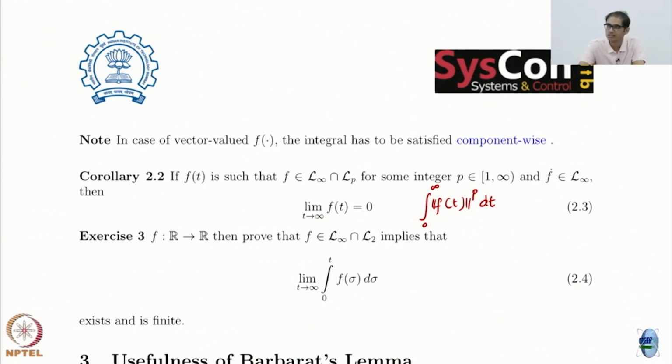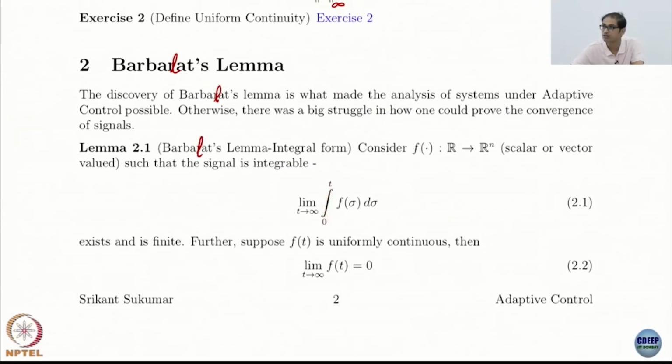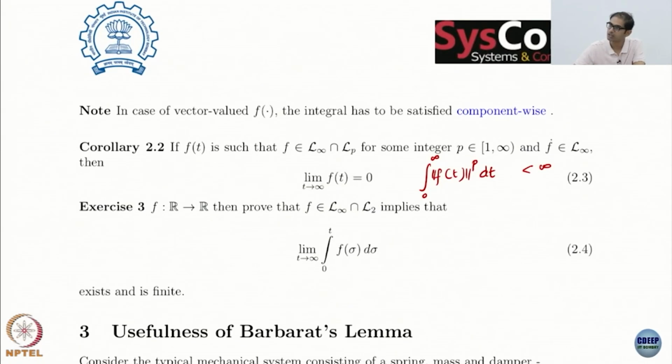If this is going to infinity, then to the power 1 by p it is also infinity and vice versa. So when I say that the function is Lp, I know that this is less than infinity. This already looks similar to this condition, where there is no power involved, but it is a very similar looking condition. So this is in fact a corollary.